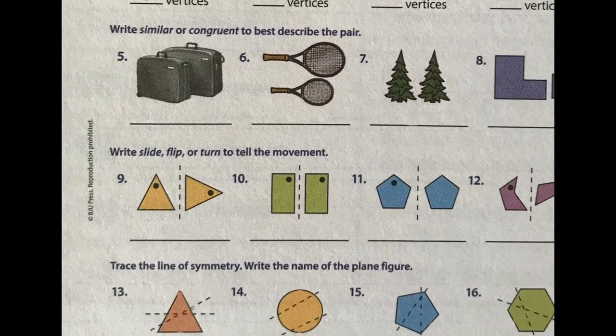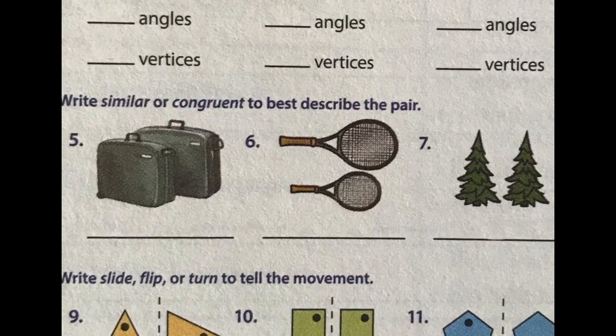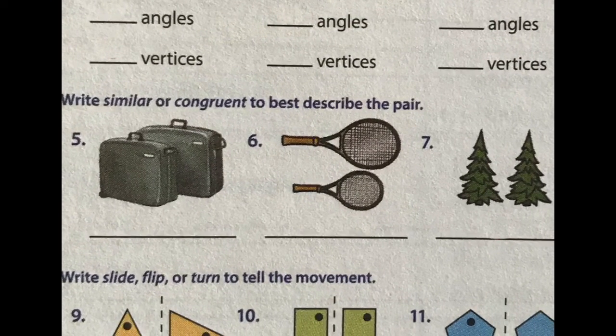All right. Let's look at numbers 5, 6, 7, and 8. You need to look at the directions. Let me see if I can make that a little bit bigger. In the directions, it says write similar or congruent to best describe the pair. So you need to write those words underneath the pair of objects to tell me if they are similar or congruent.